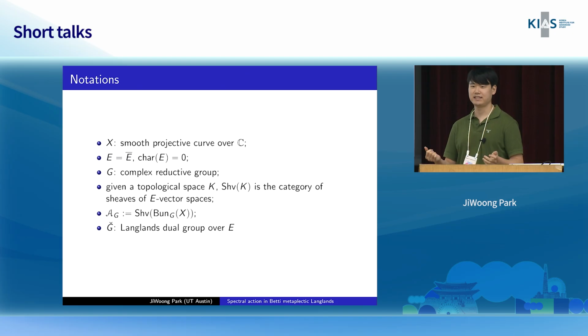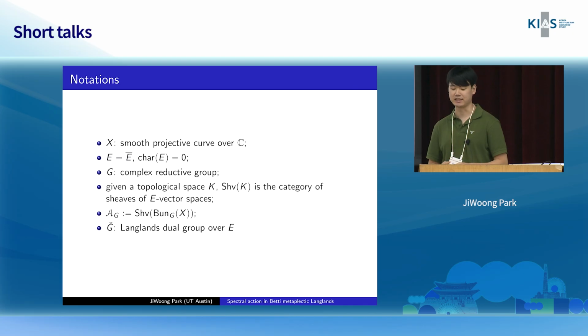By considering the underlying topological space of the stack Bun_G, we get the category of sheaves on it, which we call A_G. And we also have G check, which is the Langlands dual of G defined over the field E.